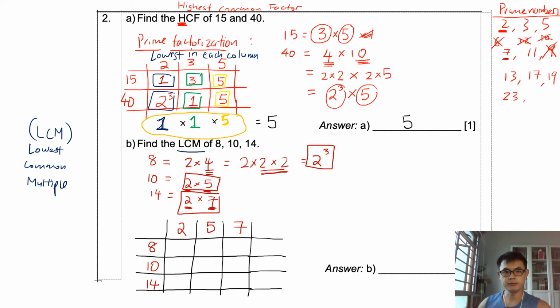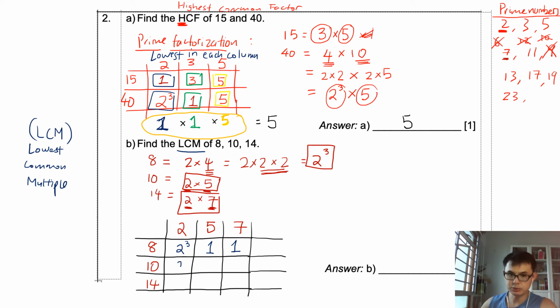Right, so we have 8. Okay, so we just populated this table. Populated means that we fill in the table, right? So now we have 8 is 2 to the power of 3, all right? So we just write 2 to the power of 3, okay? And nothing else. So we just put 1 and 1. Now for 10, it's 2 times 5.